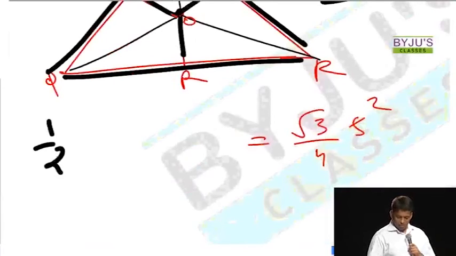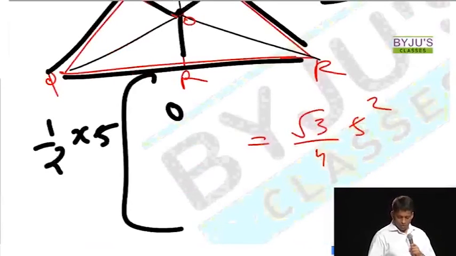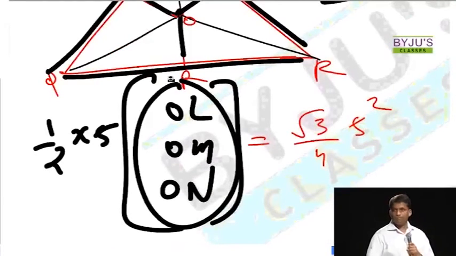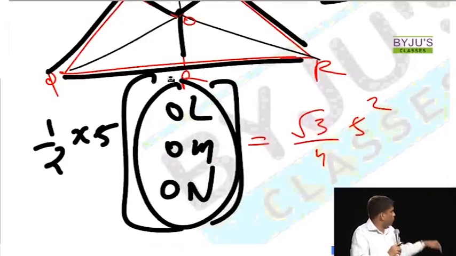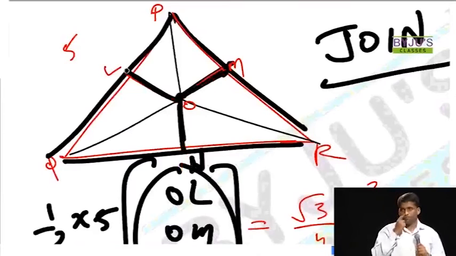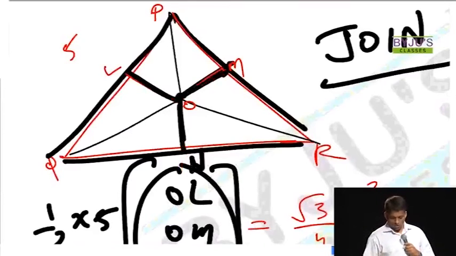Half into 5 into OL plus OM plus ON. And this is the required answer. Your aim is to find the sum of these three distances, right? OM, ON and OL. So the logic is the same.